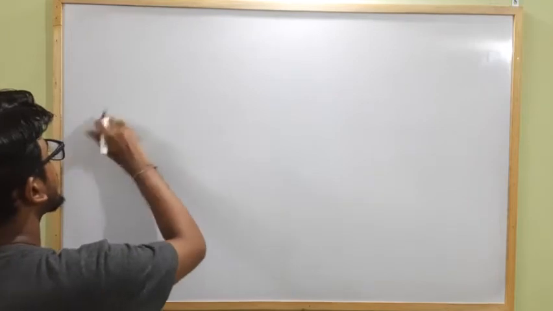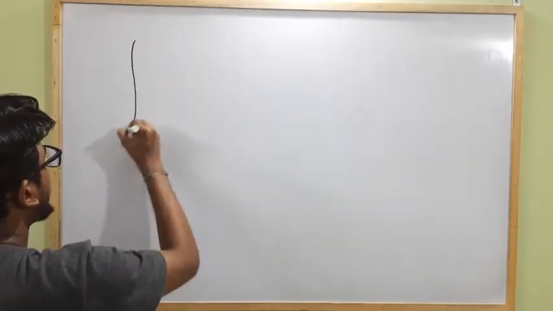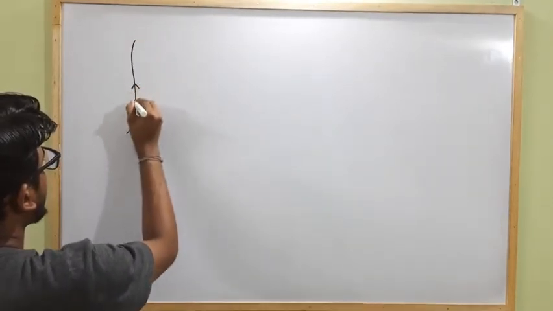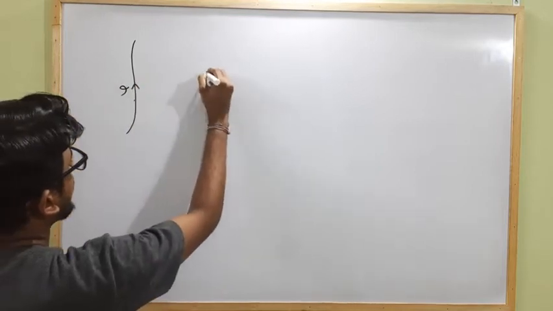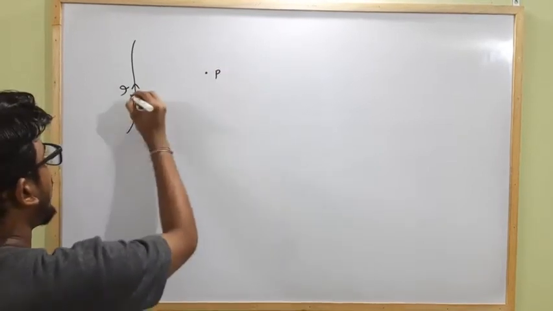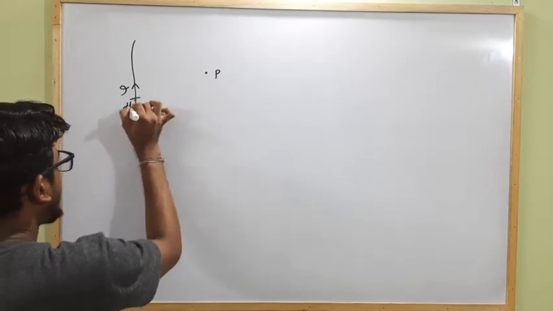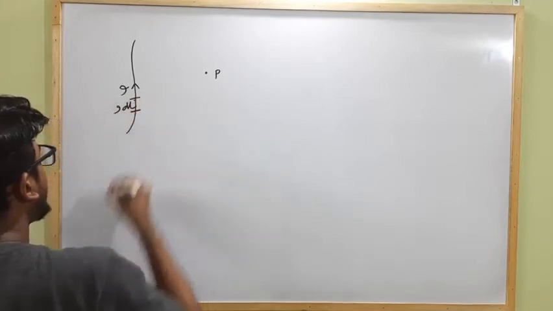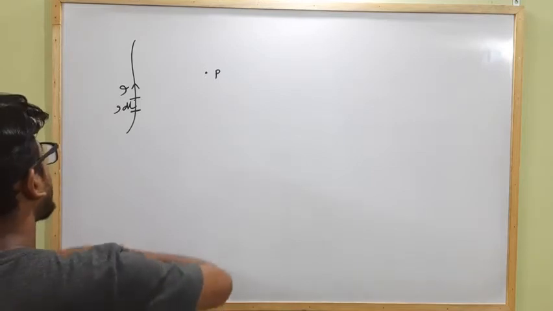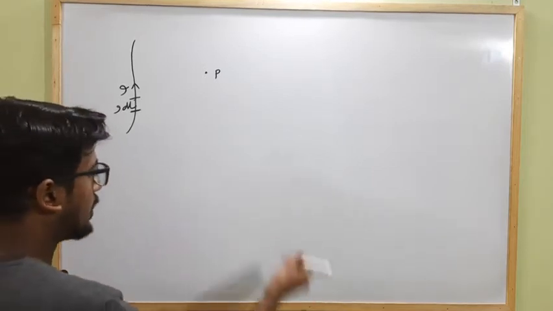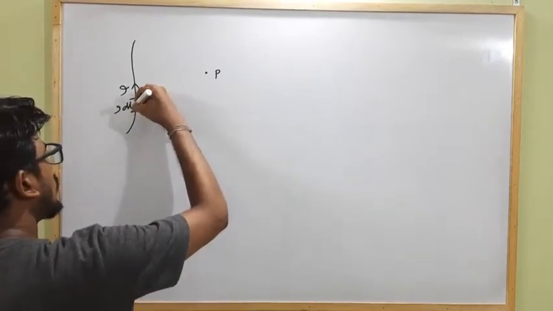What is the Biot-Savart law? It tells us that if there is a current carrying conductor which carries current I, and here is a point of observation P, and we are considering a small current carrying element of length dl carrying current I, the direction of this element is always tangent to the conductor.